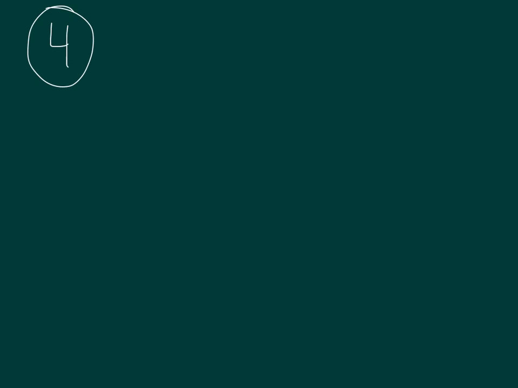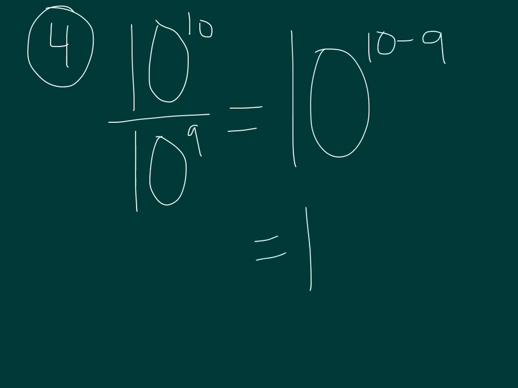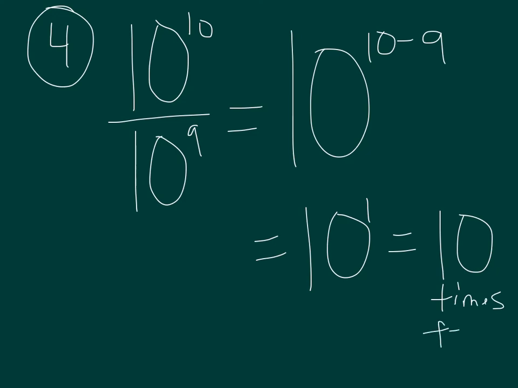Well, to figure out how many times faster, they're setting it up as 2004 is 10 to the 10th, and 1999 is 10 to the 9th. So anytime you divide, the exponents get subtracted. So it ends up being 10 to the 1st power, which is just 10. So this is 10 times faster. And that's your answer for example 4. Good luck.